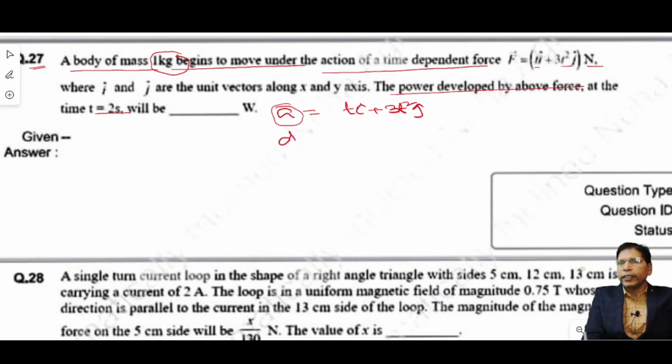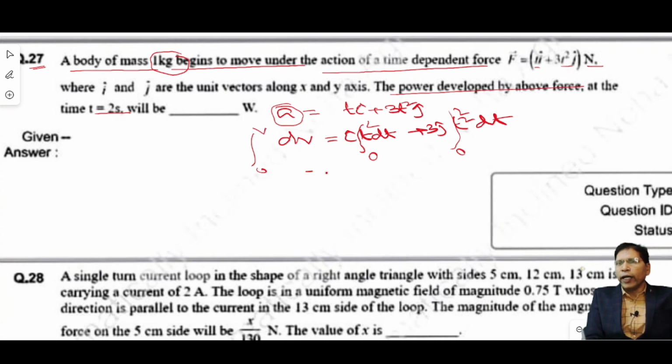So look at this, dv equals the integration of I into t dt plus 3j into t square dt, from 0 to 2, and this is 0 to v.